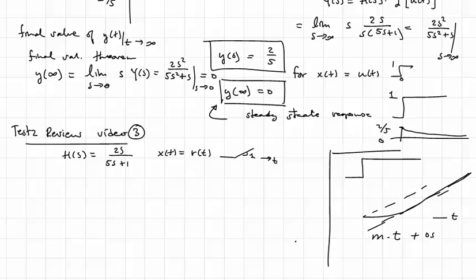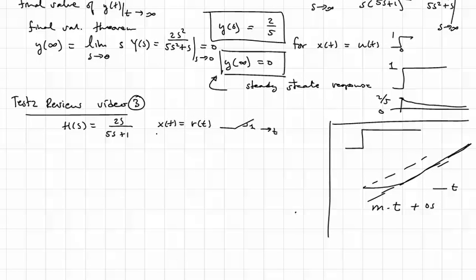So maybe we'll look at that system shortly. Okay, so let's put that to the side. I'm going to work another example where we will look for the steady state response and the final value for the same transfer function, but now we're going to excite the system with a ramp. If we take the Laplace transform of our input, x(s) is now 1 over s squared, and we have the same transfer function.